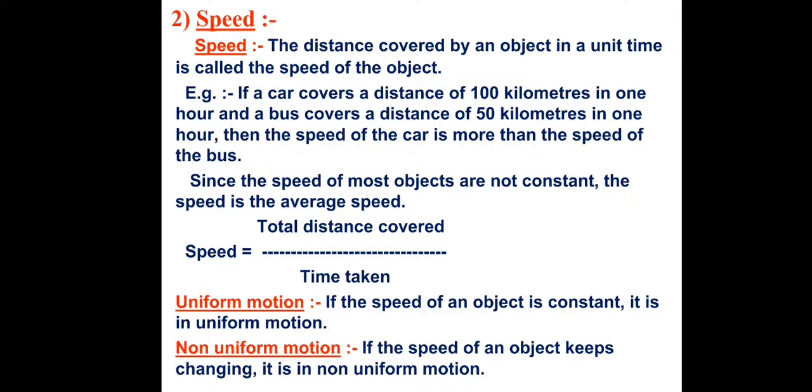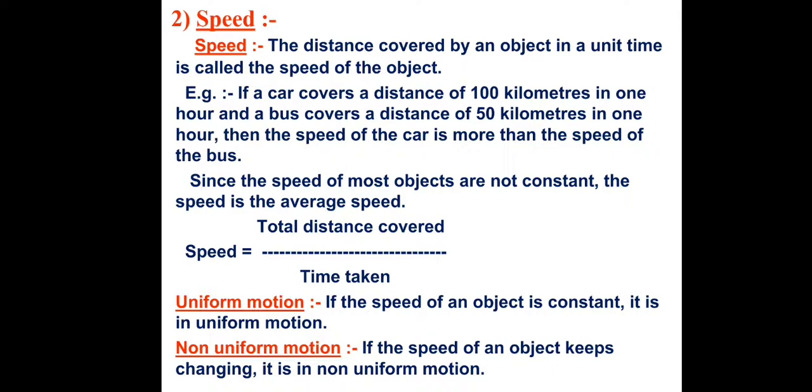We call the distance covered by an object in a unit time as the speed of the object. Example, if a car covers a distance of 100 kilometers in 1 hour and a bus covers a distance of 50 kilometers in 1 hour, then the speed of the car is more than the speed of the bus.